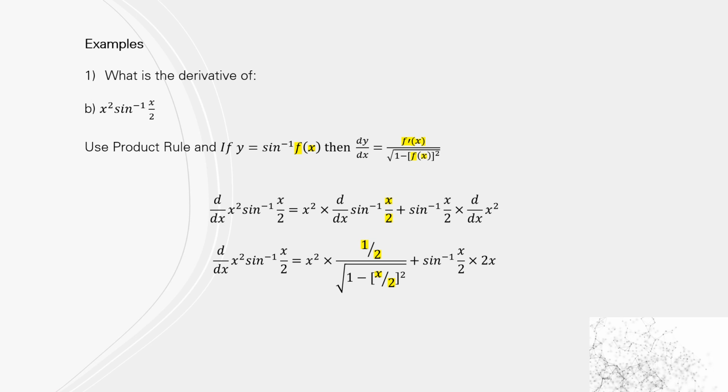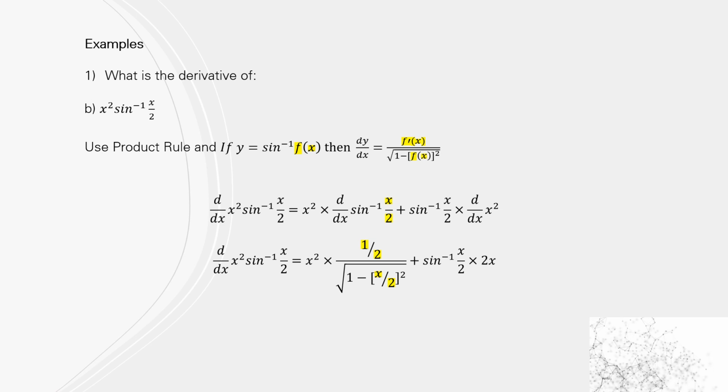Now x squared sine minus 1 of x on 2. We know that this is the product rule. If y equals sine minus 1 of f of x, then we use the rule f dash of x over the square root of 1 minus f of x all squared. So we get x squared times the derivative of sine minus 1 of x over 2, plus sine minus 1 of x over 2 times the derivative of x squared.